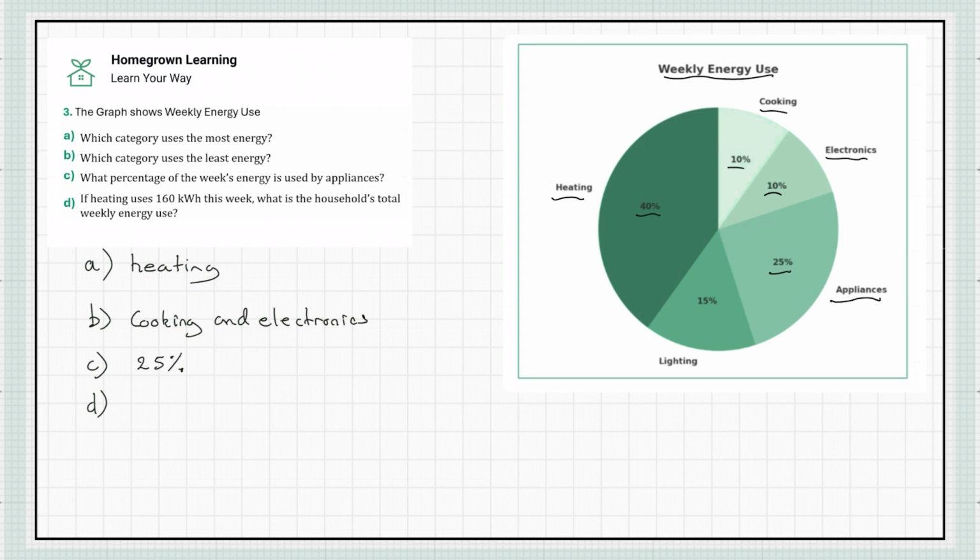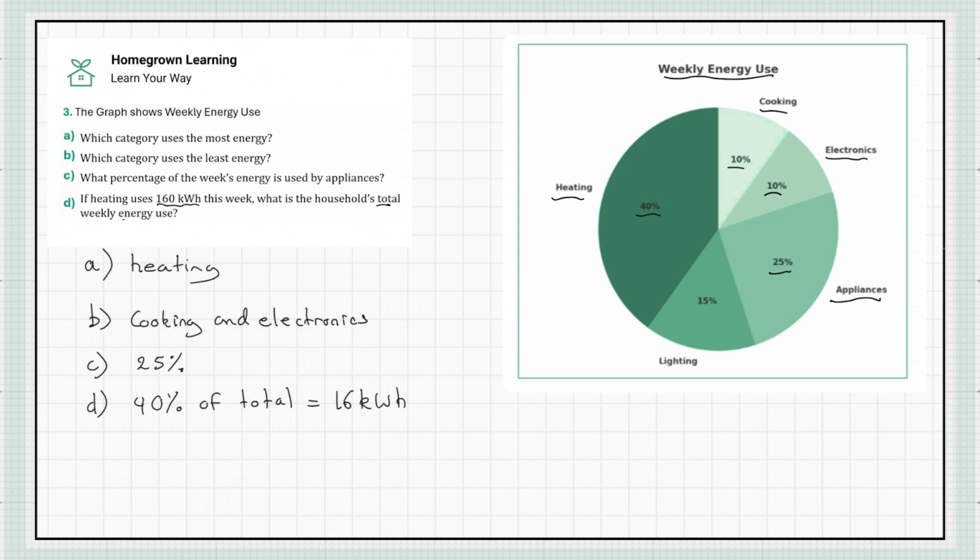Alright, look at D. If heating uses 160 kilowatt hours, what is the household's total energy use? So in this case, we can write this out as 40% of our total energy use is equal to 160 kilowatt hours.